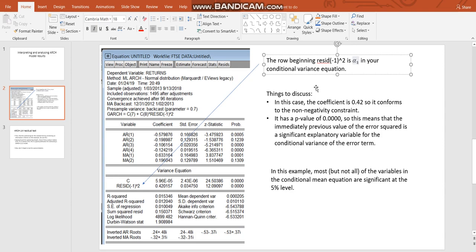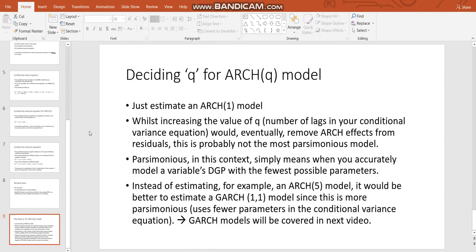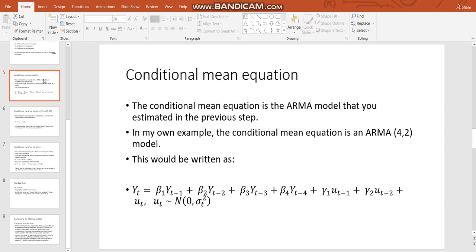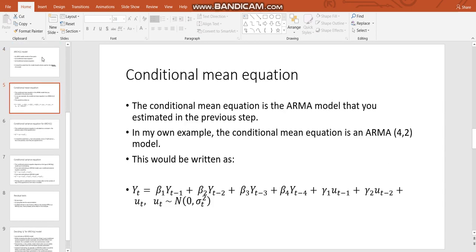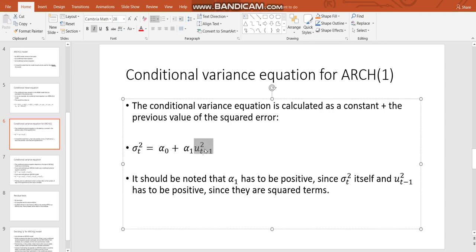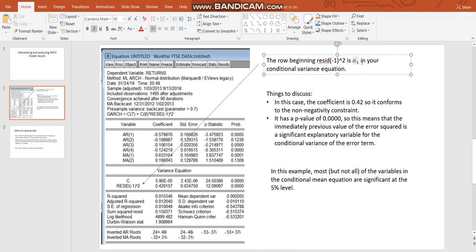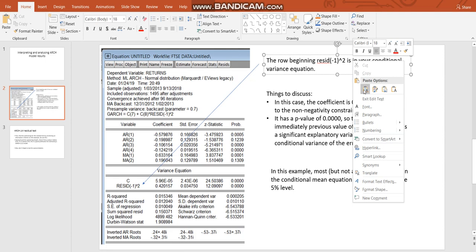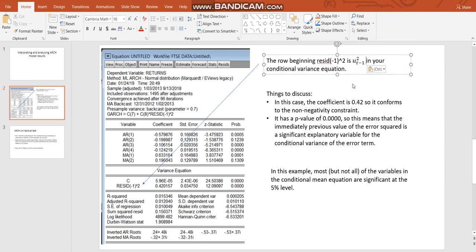So in other words, alpha 1 equals 0.420157, and then the resid minus 1 to the power of 2 is actually this term here. So if I just very quickly change that, that's what it actually is.